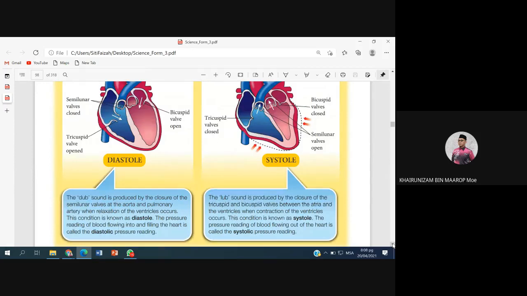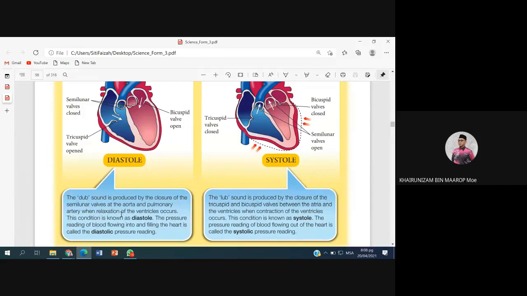The dup sound is produced by the closure of the semilunar valves. Where are the semilunar valves? Here, at the aorta and the pulmonary artery, the valves are called semilunar.